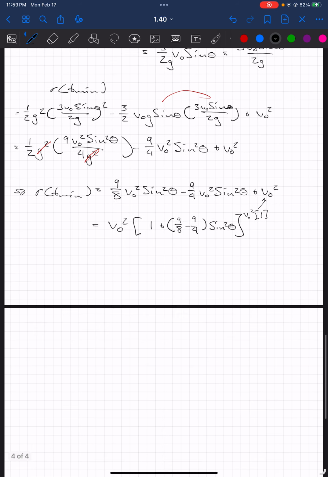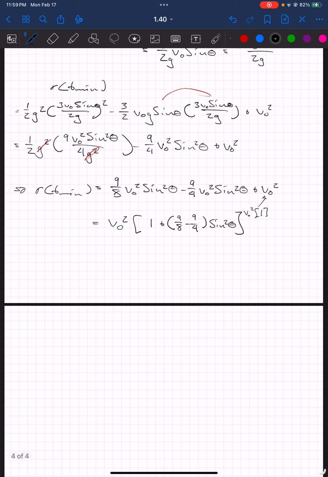When we do this, we get v naught squared times 1 minus 9/8, because 9/4 can be made into 18 over 8 for the same denominator, and 9/8 minus 18 over 8 is equal to negative 9/8, so sine squared theta.